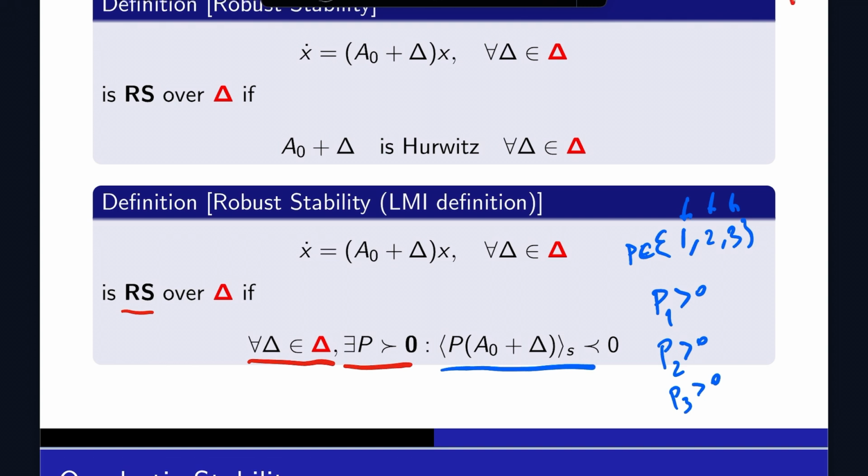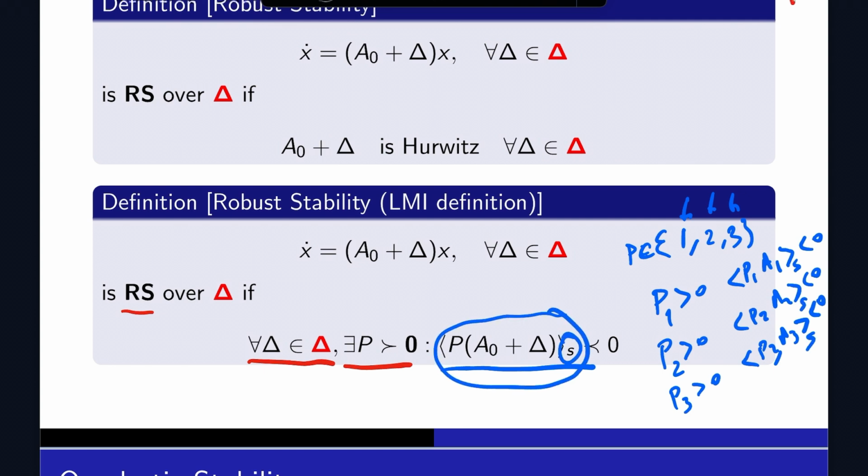Okay, and I'm just going to write it. Let's call it A1, P2, P3, A2, A3, something like this. By the way, one more thing. In this notation, this is a matrix, and S means symmetric.